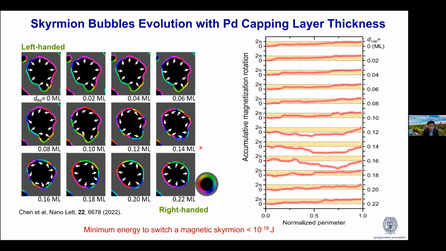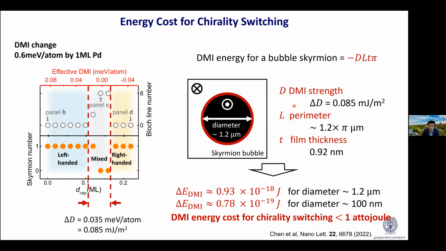So by looking at the boundary of this, where this topological protection breaks down, we can actually estimate the corresponding DMI energy difference. The DMI energy difference as we cross this transition point converts to a very small energy cost we have to spend, which is less than 1 attojoule for a micron-sized skyrmion bubble.